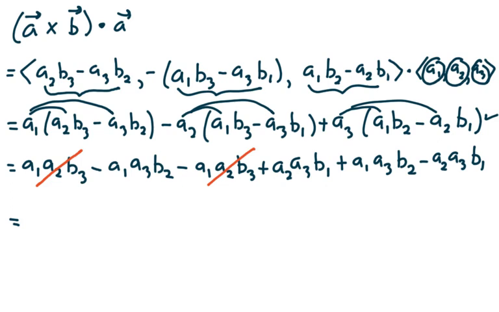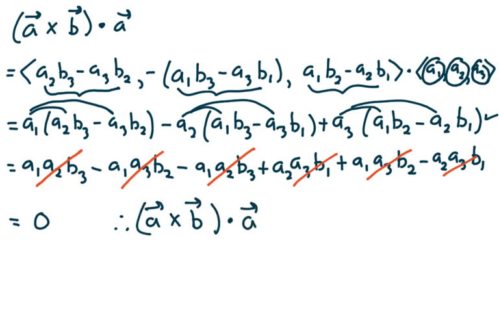And then this term, A1A3B2, the opposite, is going to cancel this term. And if you notice, these two terms cancel. And I get 0. And so therefore, A cross B dotted with A is equal to 0.